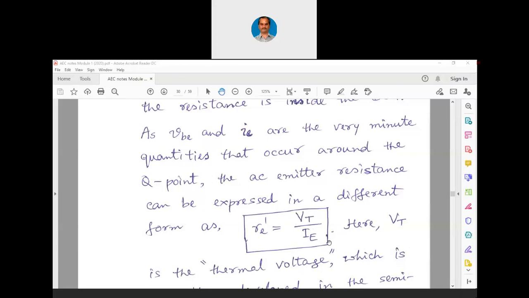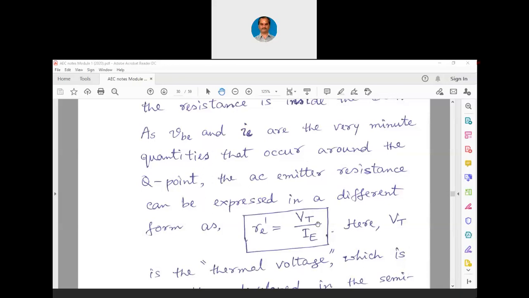Because we are fixing the emitter current by means of our DC analysis, we know that it is the constant current flowing through the transistor at the region of the Q point. Around the Q point there is a minute change happening. That change is nothing but capital VT, that is KT by Q. It is nothing but the transfer of electrons from the emitter region to the collector region through the base region.